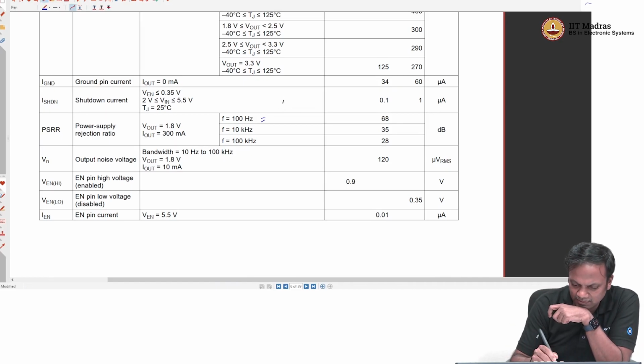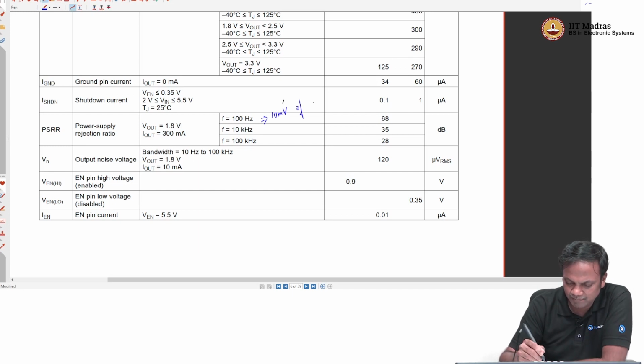So, what this means is, if you have a 10 millivolt 100 hertz tone at V in, 68 dB means you will get about 3 microvolt of 100 hertz tone at V out, right.